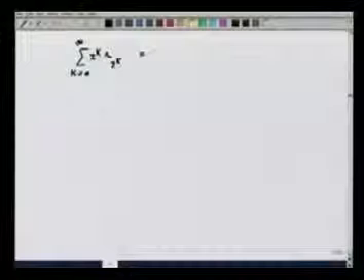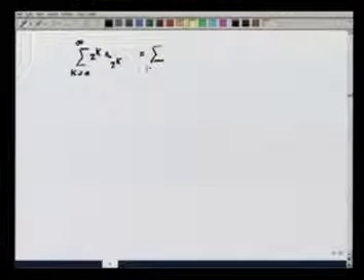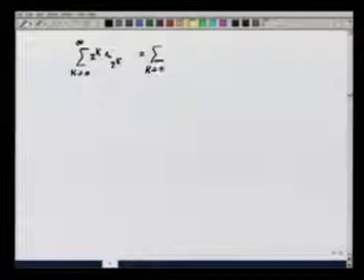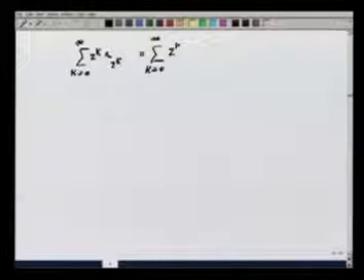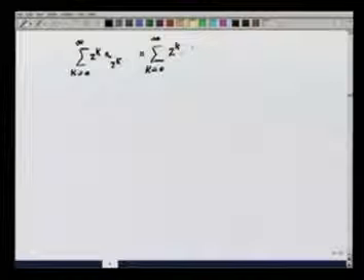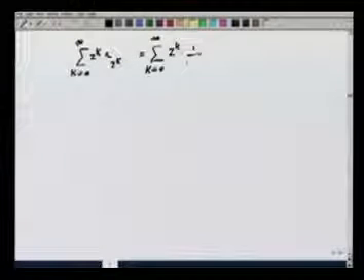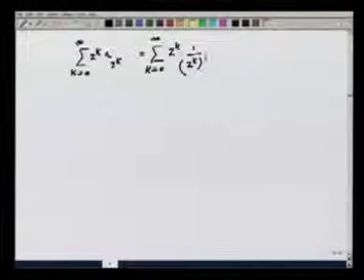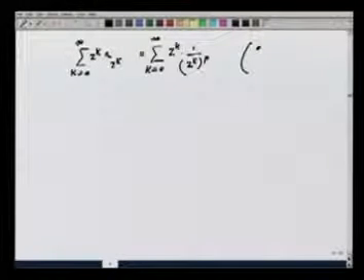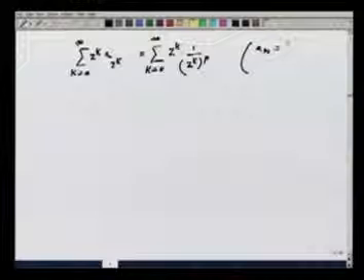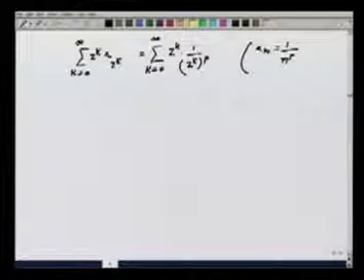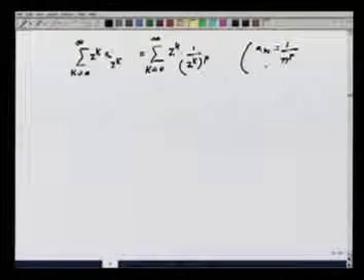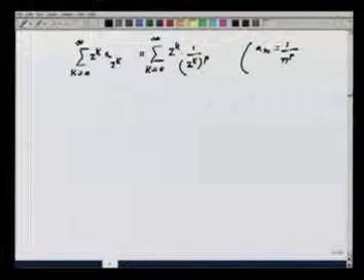So this series is the same as summation k from 0 to infinity 2 to the power k times 1 by (2 to the power k) whole to the power p, because a n equals 1 by n to the power p.